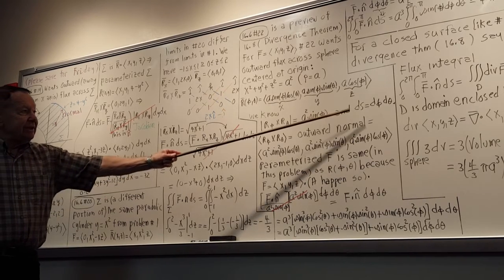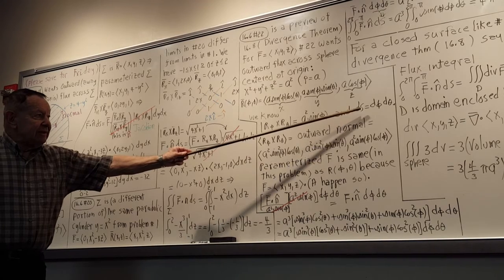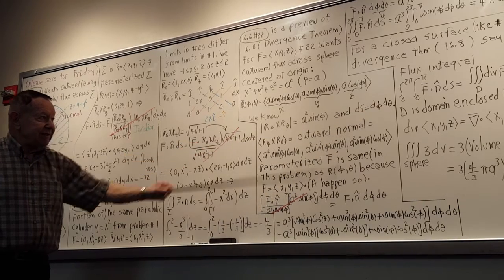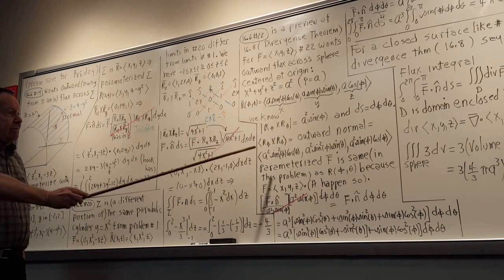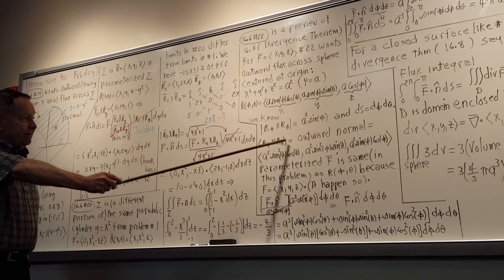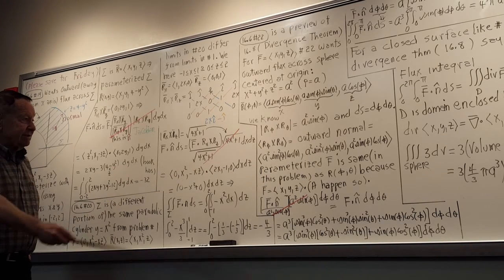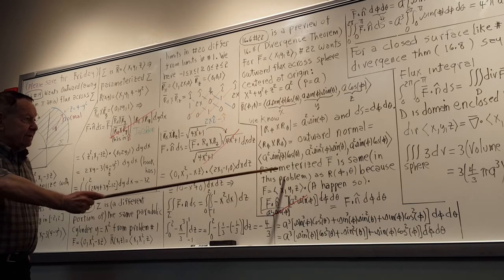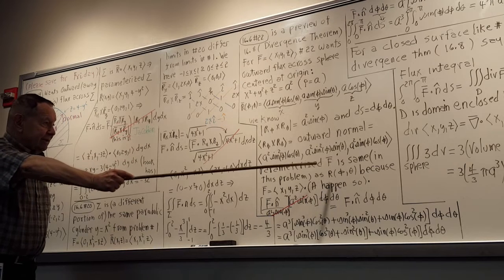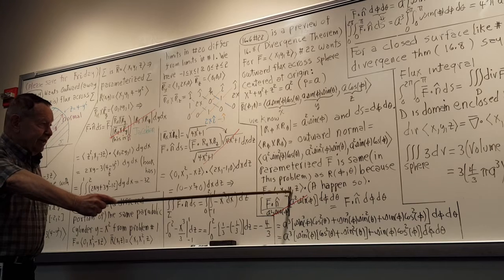And the dS then, for working on the surface with the two spherical coordinates as your parameters, is d phi d theta. So the cross product then of these partial derivatives gives you your outward normal, which works out to be this. And the parameterized F is the same as in this problem as the r, because of what F happens to be.